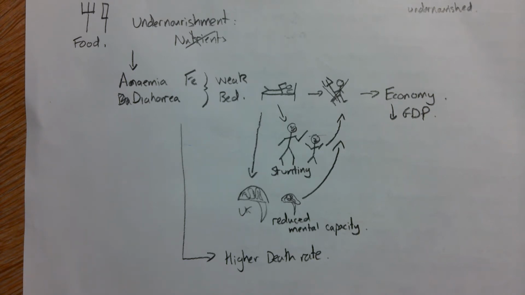Good. It knocks on to the economy. People can't work as many days, or they are unable to take higher level jobs, and so the country's gross domestic product is going to decrease. Great. Nice one. Moving on.